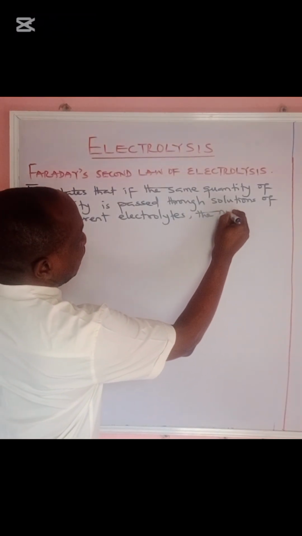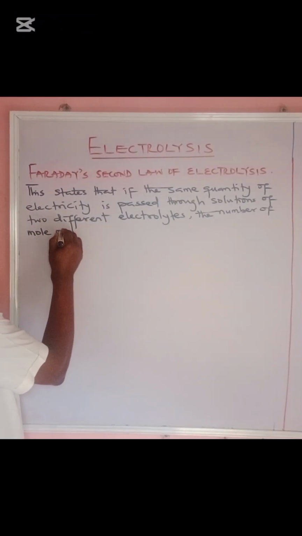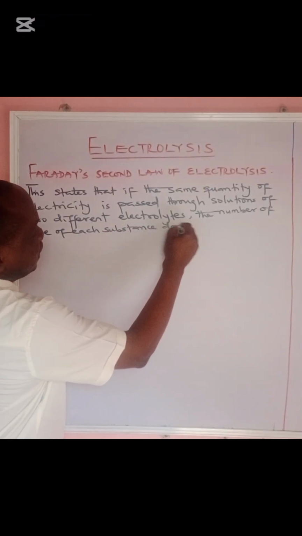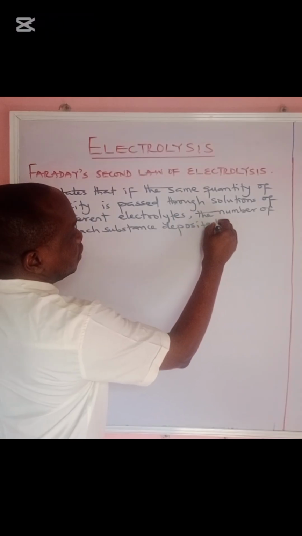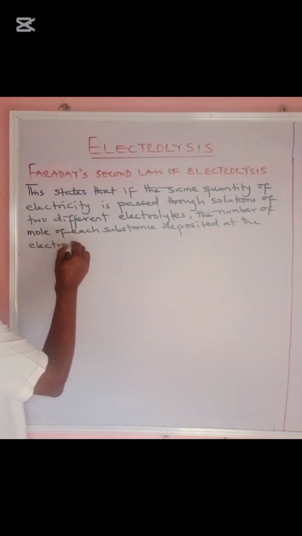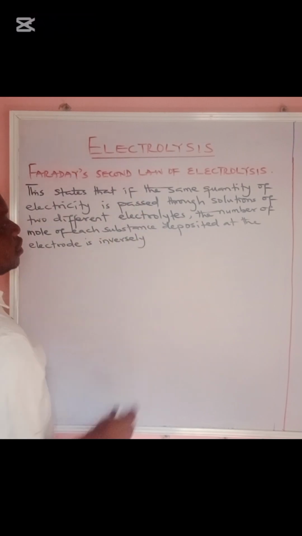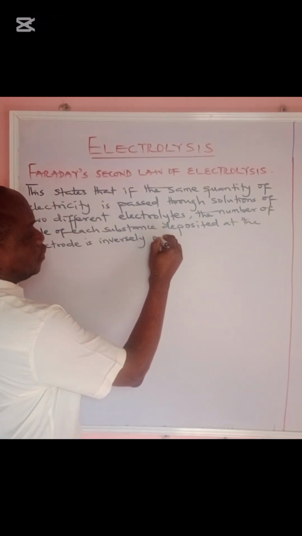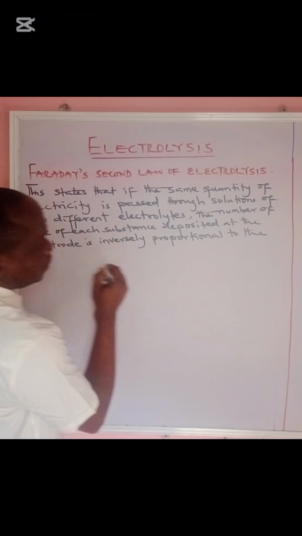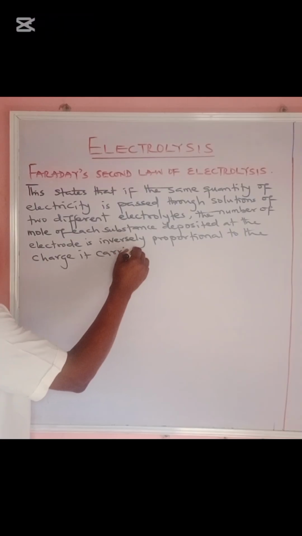the number of mole of each substance deposited at the electrode is inversely proportional to the charge it carries.